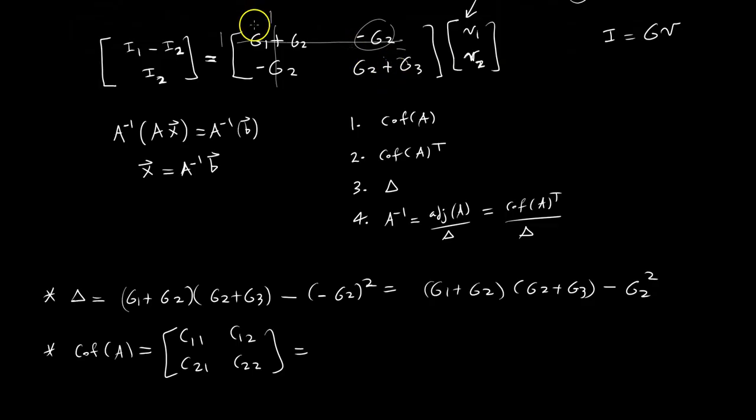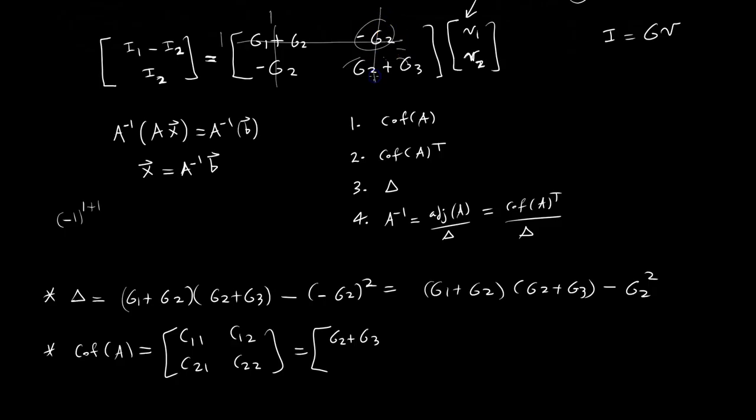The sign convention is that whatever the indices are, so 1 1, it's going to be negative 1 to the power of the sum of those indices. Negative 1 to the power of 1 plus 1 is a positive number, so that's a positive coefficient multiplied by G2 plus G3. Again, if you don't remember this, you should definitely check out lecture 9, which goes over all of this in detail. Then C12 is when we cover the first row, second column.